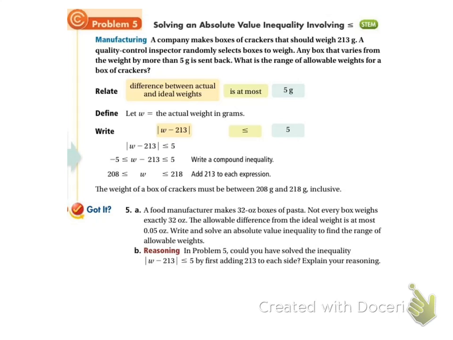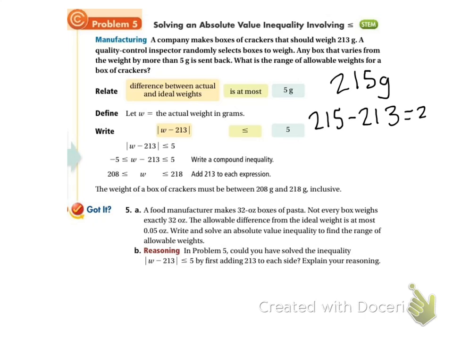Okay. So if W is my actual weight of my box, so let's say my box is actually 215 grams. If I wanted to figure out how close it is, if it's within 5 grams, then what I can do is I could do 215 minus 213. In this case, that's going to be a positive answer. That's a 2, right?